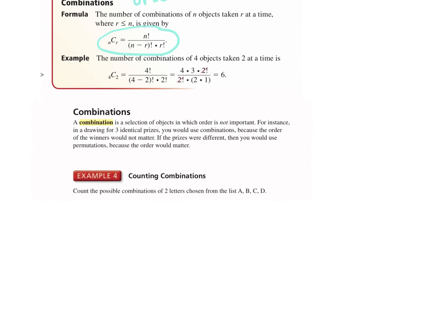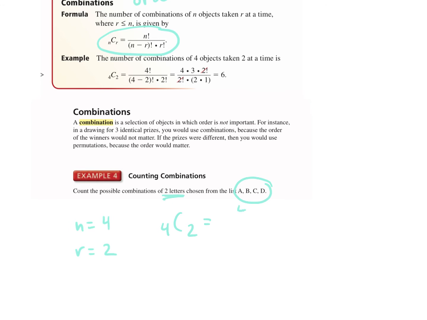So count the possible combinations of 2 letters chosen from the list A, B, C, and D. So we have 4 letters total. So N is 4. And we're only asked to pick 2 letters. So R is 2. So we have 4 choose 2.